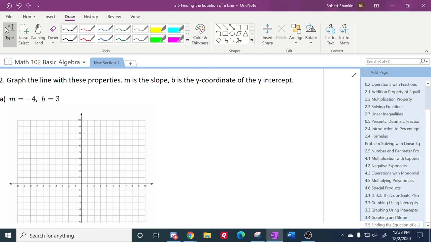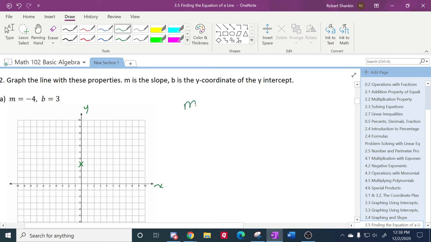Alright, we start with the y-coordinate of the y-intercept. That gives us a point on the y-axis. So there's the x, here's the y-axis. And then the slope is negative 4.